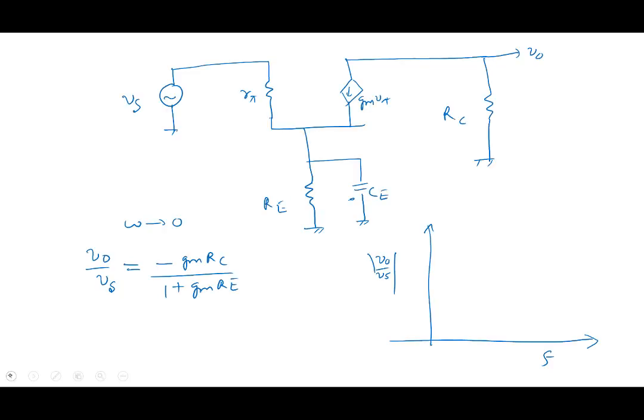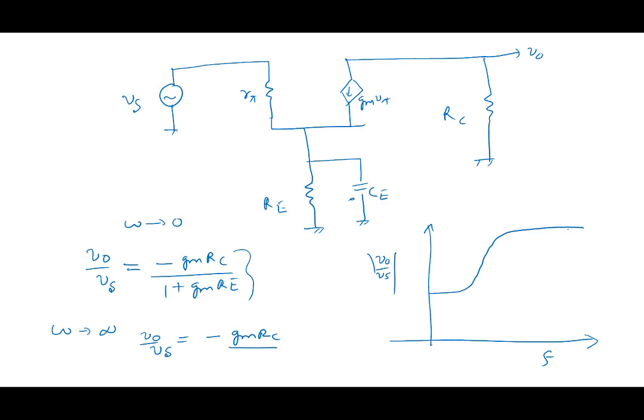And with omega tending towards infinity, V0 by Vs is minus GMRC. So if I look at the magnitude, at low frequencies it is this value, and at higher frequency it is this value here. Correct?